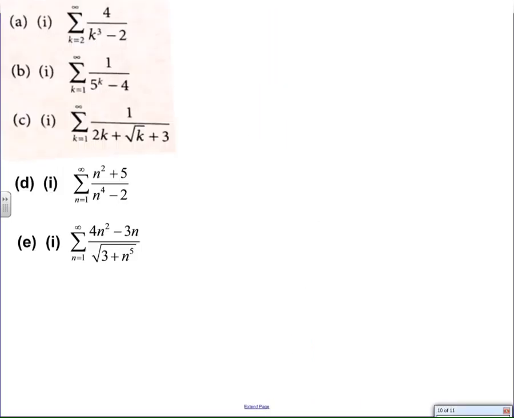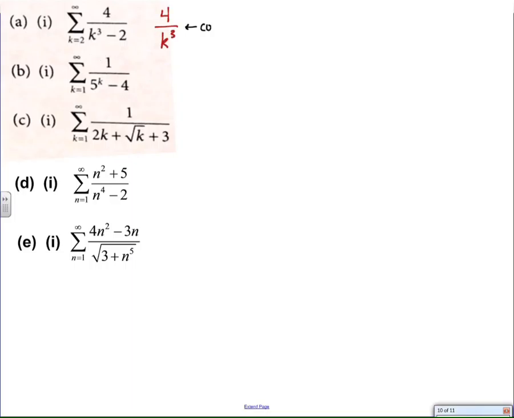Here's a sample of some of the exercises from your text, and the challenge oftentimes is not taking the limit or using the test, it's finding something to compare it to. So I just wanted to sort of give us some eyeballs, some visualization. So here, this is 4 over k cubed minus 2, and if the minus 2 weren't there, if it was plus 2, I would use the comparison test, but because it's minus 2, I'm going to use the limit comparison test.